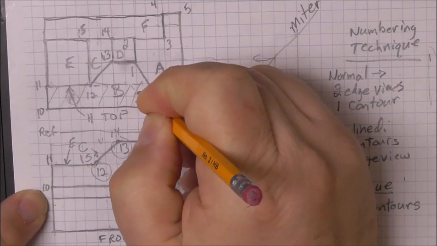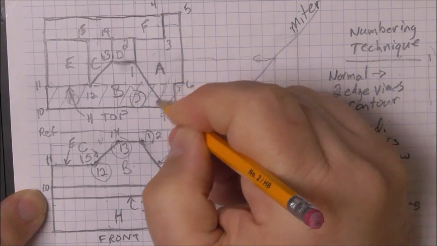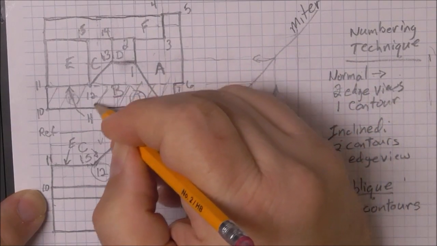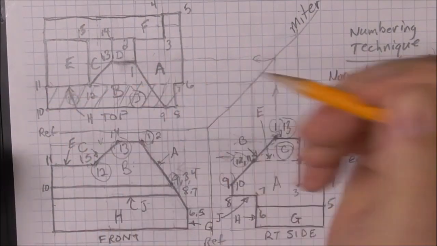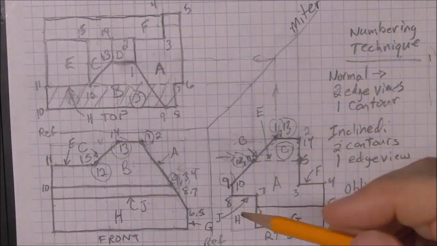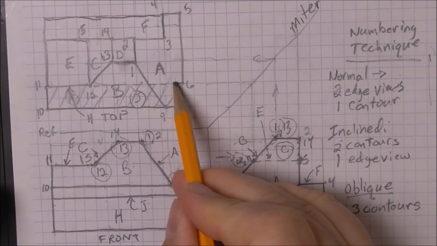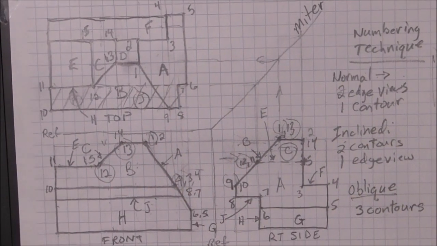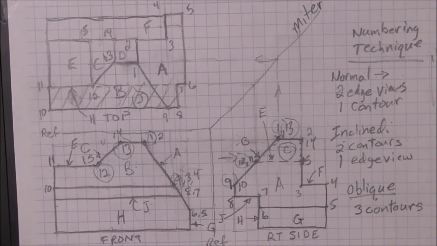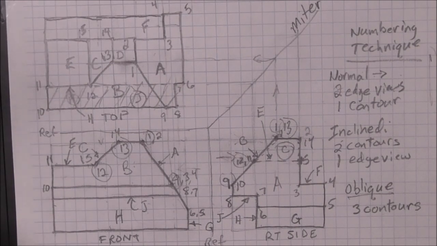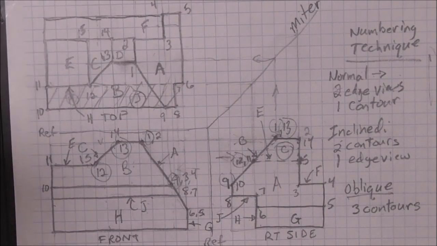So this rectangle that I put these lines in, this is J. It's hidden from view. But whether we found J or H, we found that hidden line. That's why it's important to label all your planes. If you label all your planes and find them in every view, you will find all your lines.